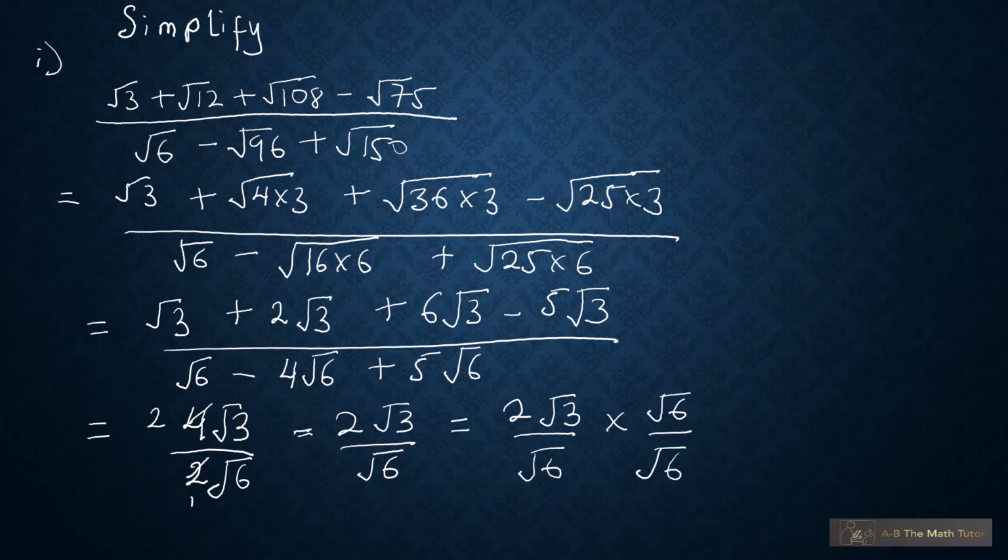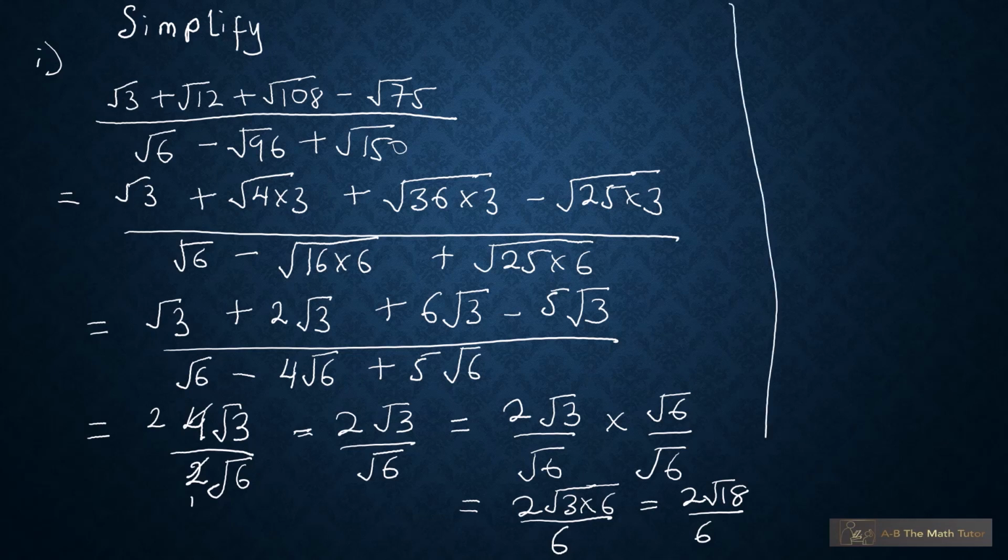And this will give 2 root 3 times 6 all over 6, because root 6 times root 6 is root 6 squared, which will be 6. So this will give 2 root 18 over 6. However, root 18 can further be simplified.